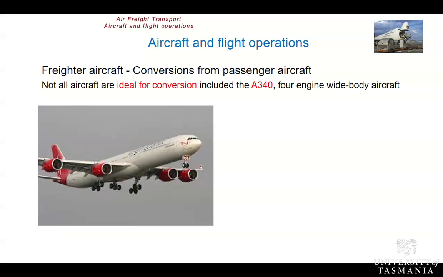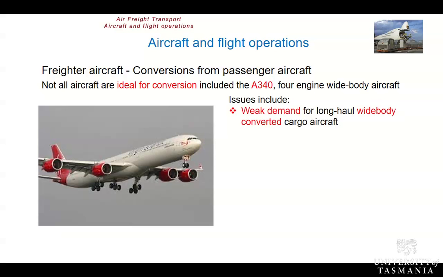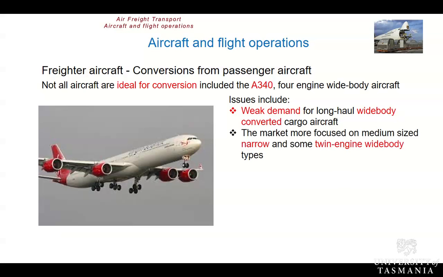And a case in point is the A340, which on your screen there you can see it's a 4-engine wide-bodied aircraft. Now, at that particular period of time when that became available, there was very weak demand for the long-haul wide-bodied aircraft. So in terms of aircraft carriers, there was very little demand. So that didn't help the situation.